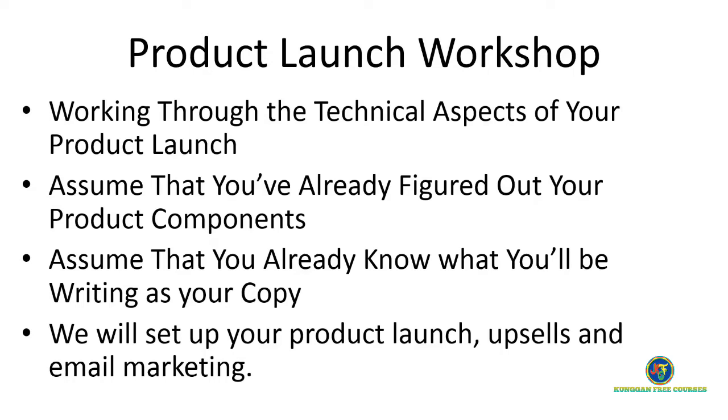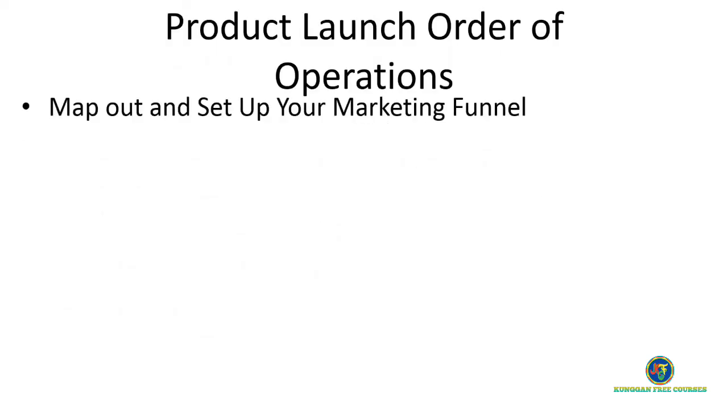So let's talk about the product launch order of operations. You want to first map out your marketing funnel even before you actually create the product, because when you map out your marketing funnel, this will actually determine how you're going to create the product, right? The other thing is that you will then want to outline your sales copy.